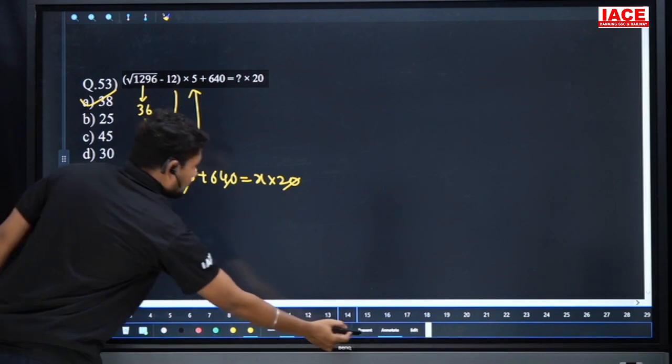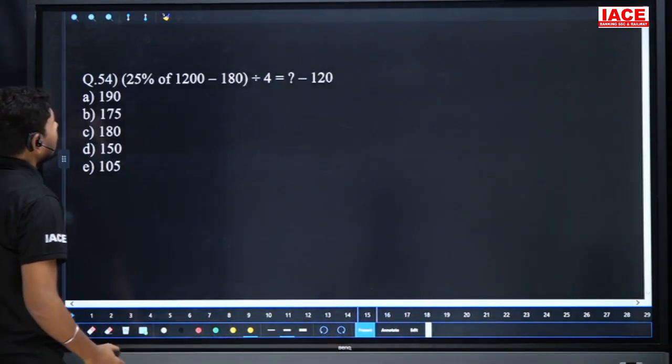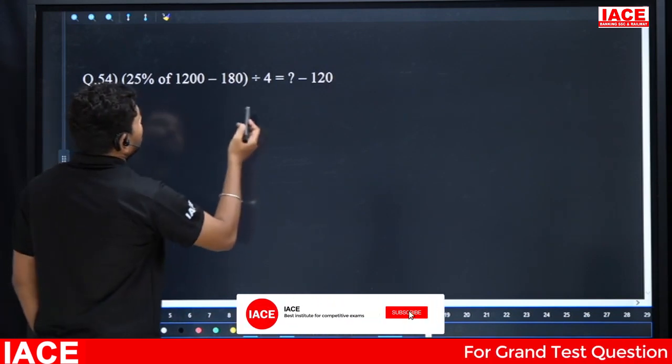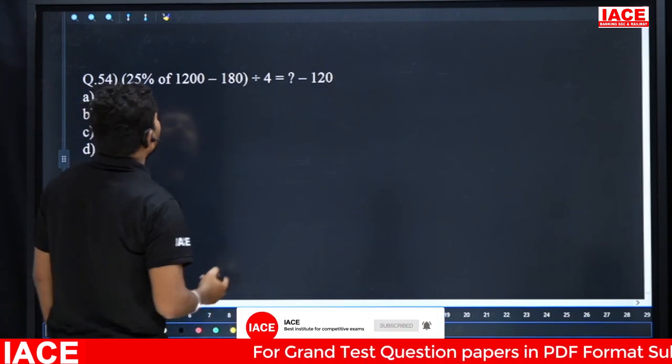And move for the next question here. 25 percentage of 1200 minus 180, which is going to be the value here.